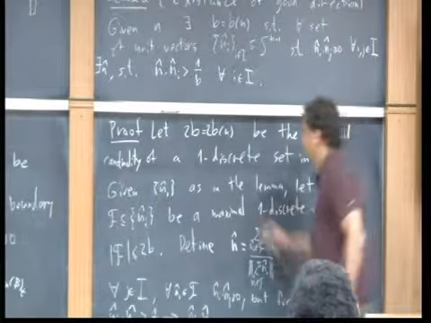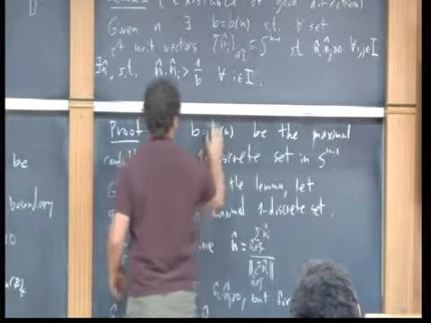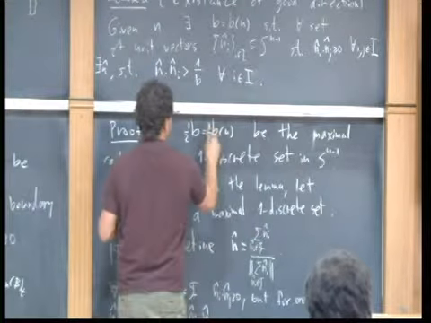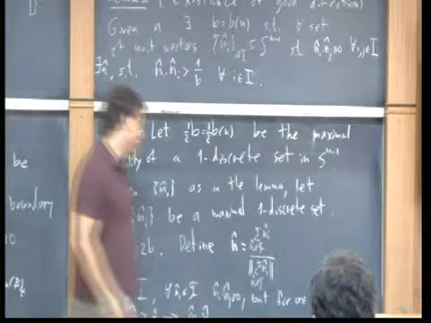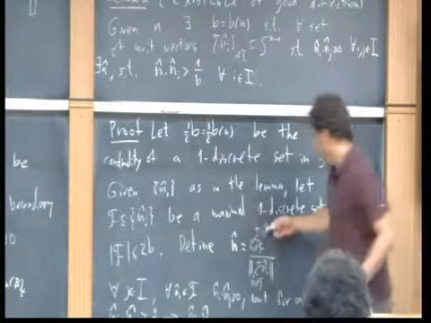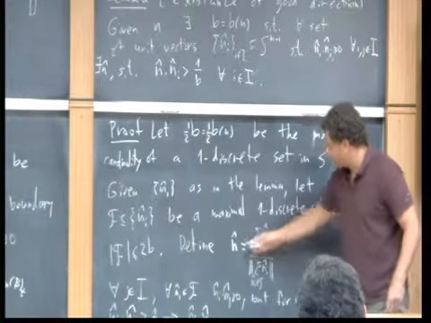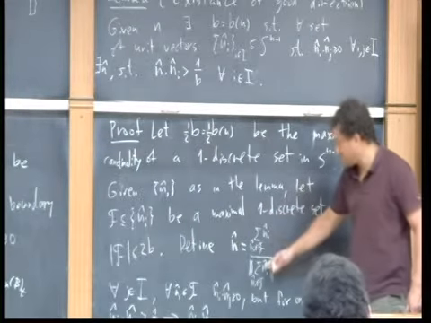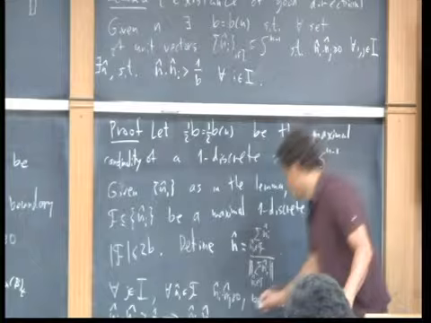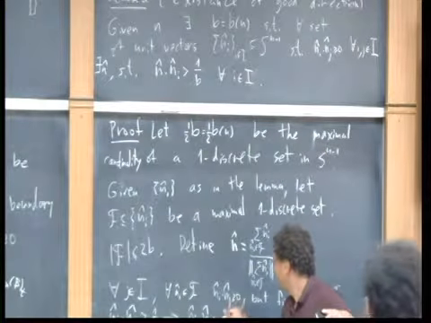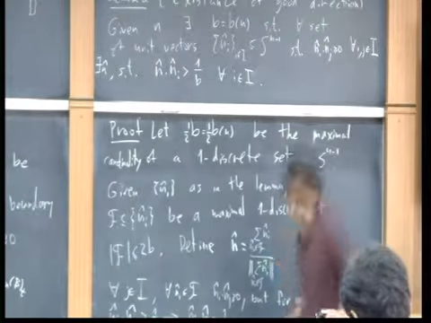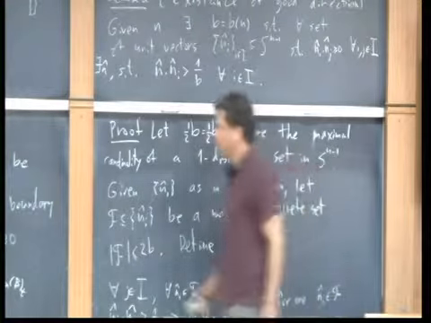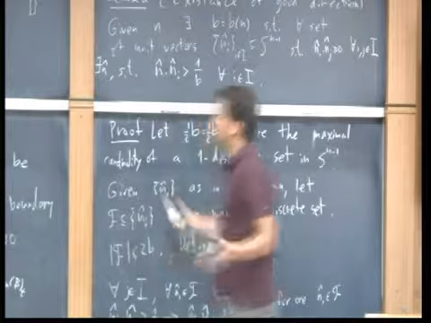Then, if you multiply n by nj, this will give you at least 1/2, and then you divide by 1/2 t, then this will be at least. That's the proof of the lemma. And this lemma tells you what is the good direction.